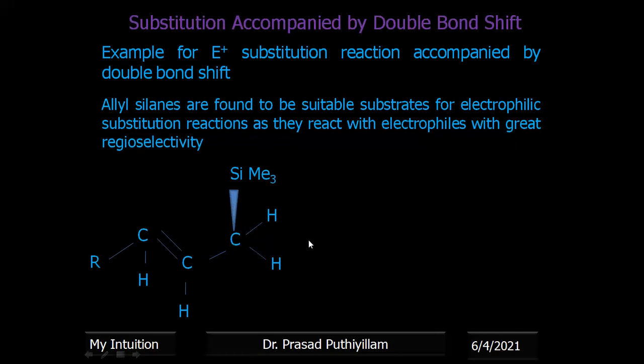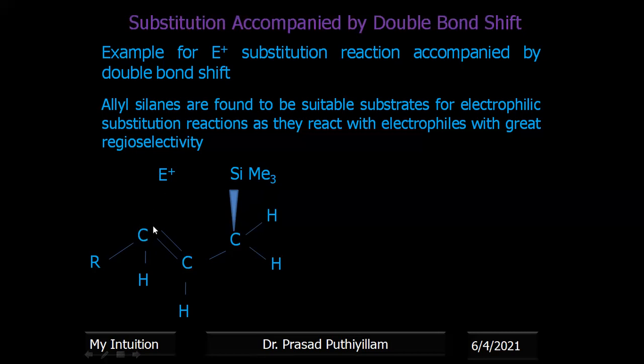Now, if an electrophile attacks this substrate, it can be attacked by this pi bond. The pi bond shift takes place in such a way that these electrons go to the carbon, then it forms a bond here. Here this is the R group, an alkyl group. To make it easy to understand, I'm calling them the first carbon and second carbon.